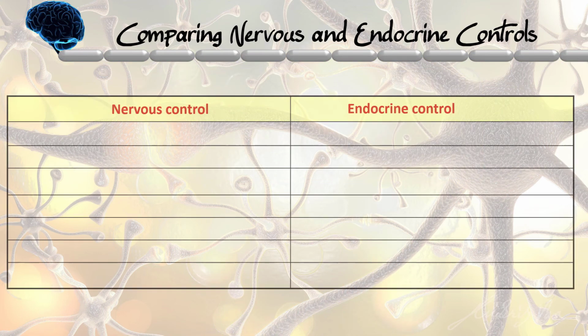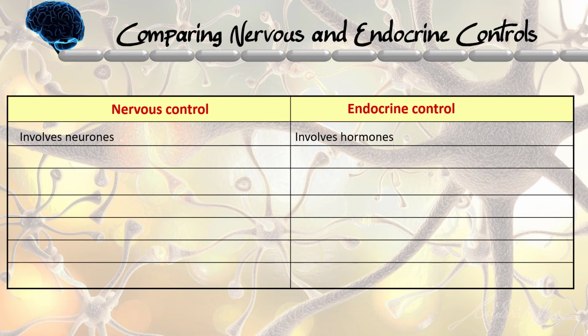The differences, there are quite a few. For nervous control, it involves neurons. For endocrine control, it of course involves hormones. In nervous control, the signal is transmitted by electrical means as well as chemical means, but for our hormonal system, it is through chemicals in the form of hormones.